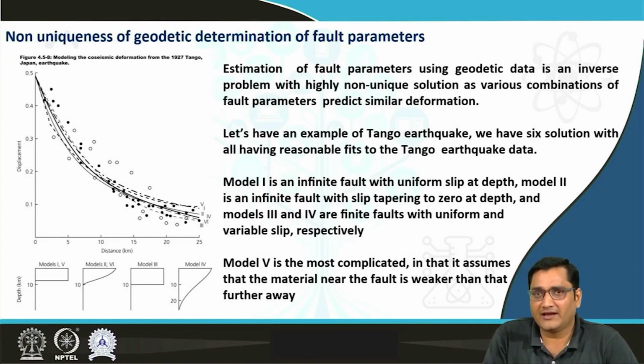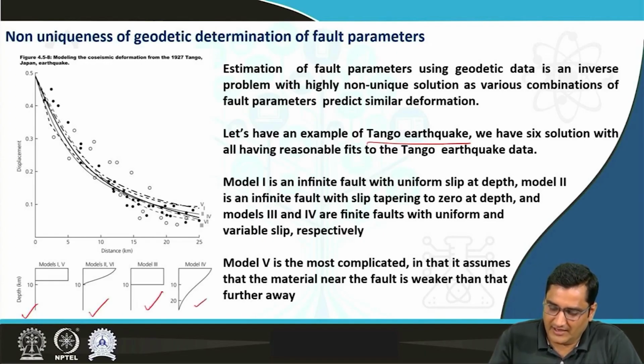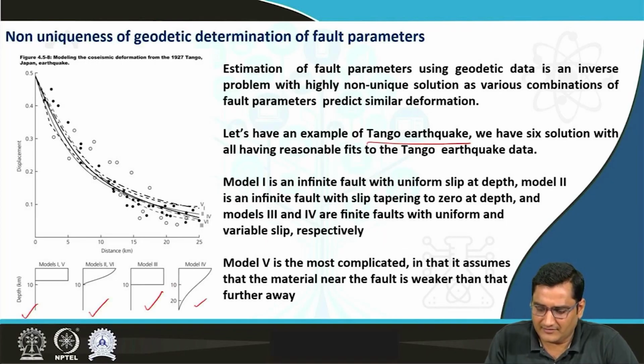If you take the example of the Tango earthquake, for which we have 6 solutions, this is one model, this is another model that was proposed, this is the third model, this is the fourth model. In these models, if you find the deformation on the top here, the deformation is almost the same, but the models are different. So the solution is non-unique, because all 6 models are able to satisfy the data. They can produce the same pattern of deformation. This is called non-uniqueness.